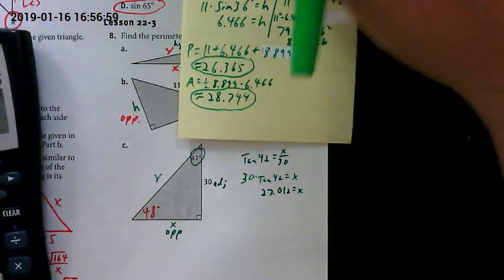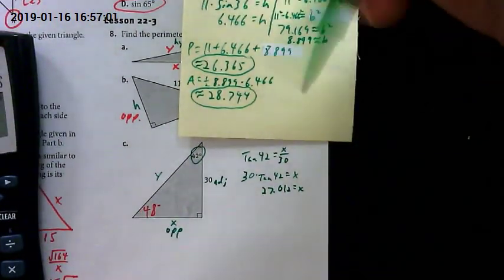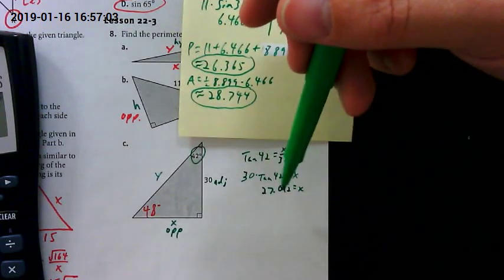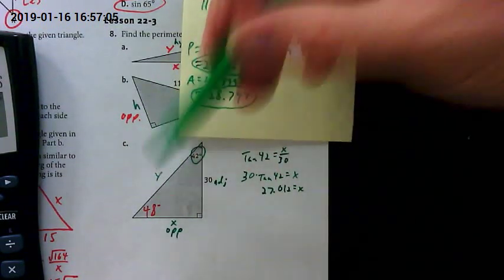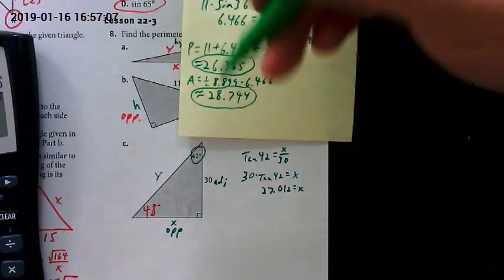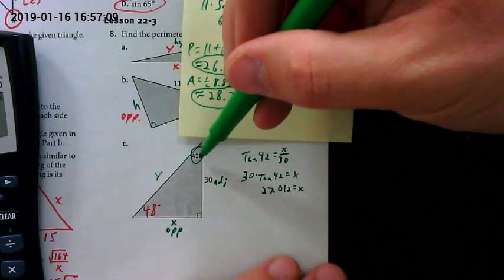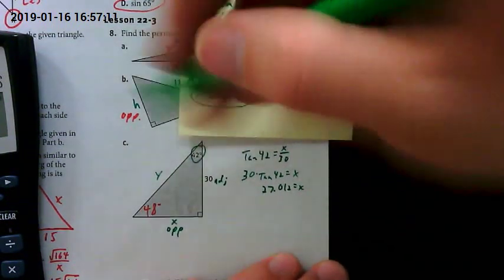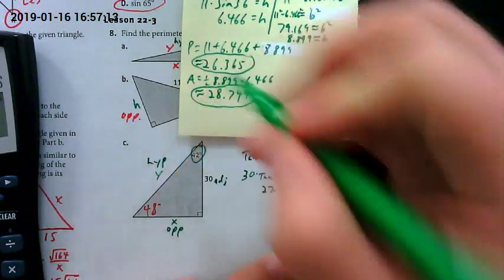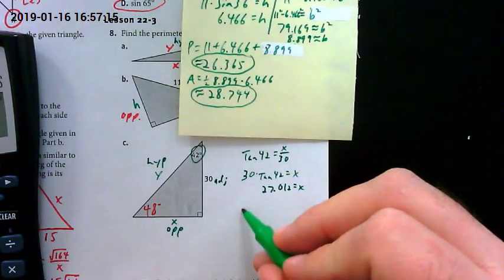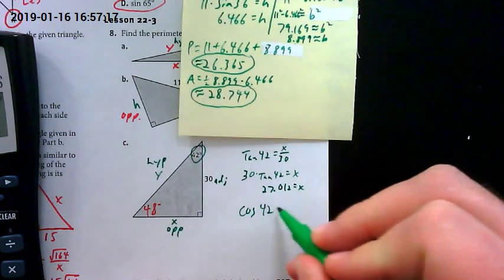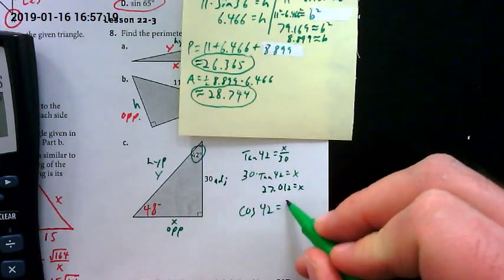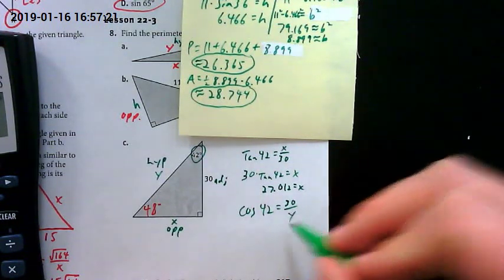30 times tangent of 42. All right. So then that should be that side. For y, again, if you want to do it as a trig problem, this is our hypotenuse. So I could do adjacent over hypotenuse. That'd be cosine. So cosine of 42 equals 30 over y.